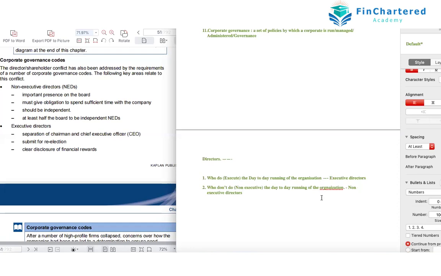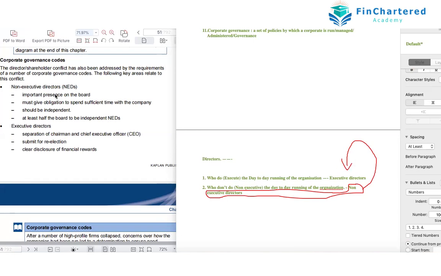But what do the non-executive directors do? They watch over the actions of the executive directors. The non-executive directors watch the executive directors to ensure that they are managing and running the organization well.